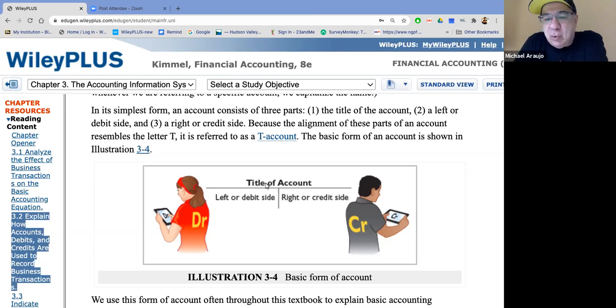Okay. So for all asset accounts, cash, accounts receivable, supplies, prepaid insurance, equipment, etc., the left side means more. The right side means less. Increase, decrease.